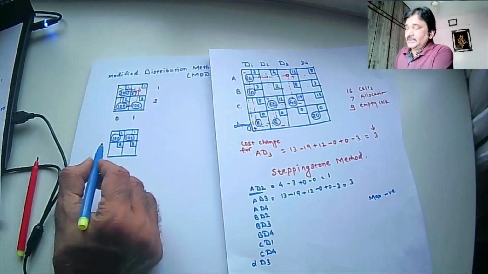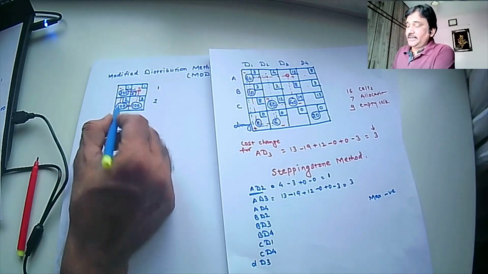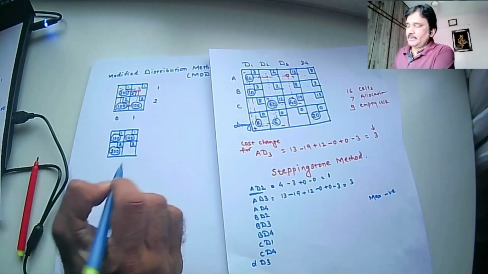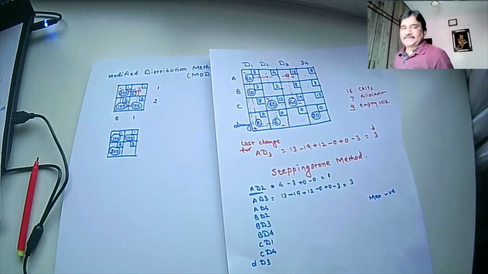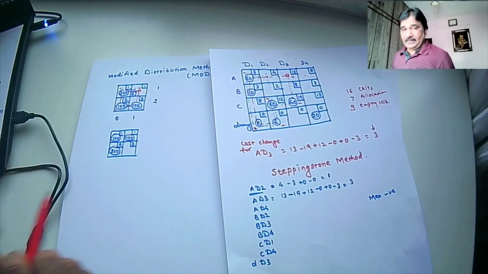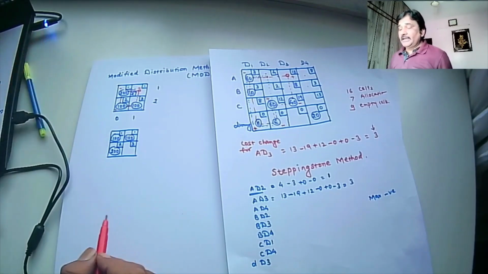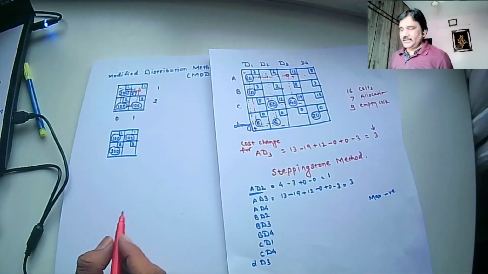All right, then 100 plus 100, 200. So this is the empty cell. Whether the allocation done by us is optimal or not is decided by the saving potential of the empty cell.